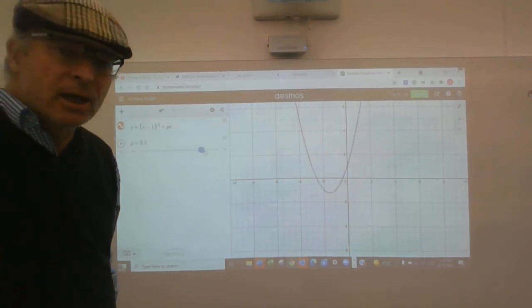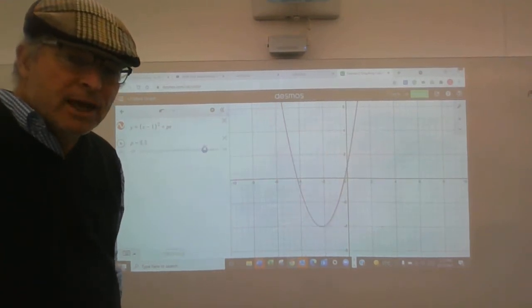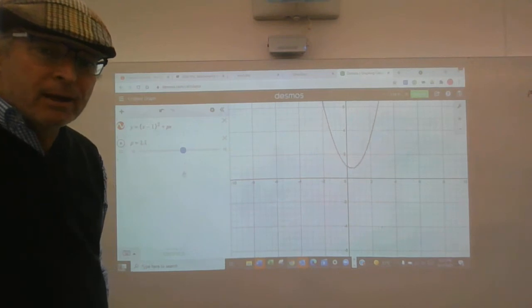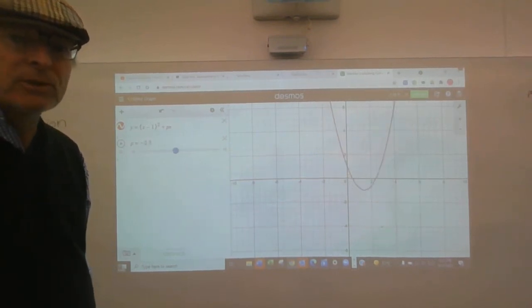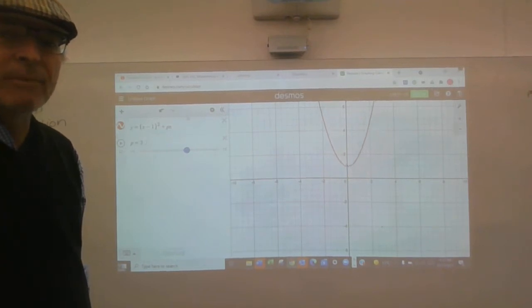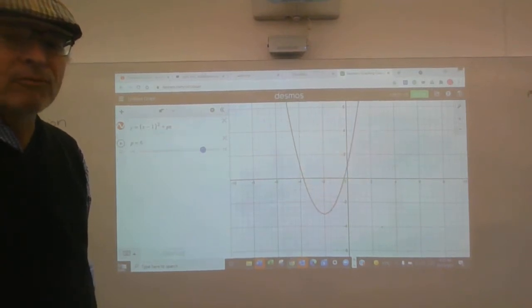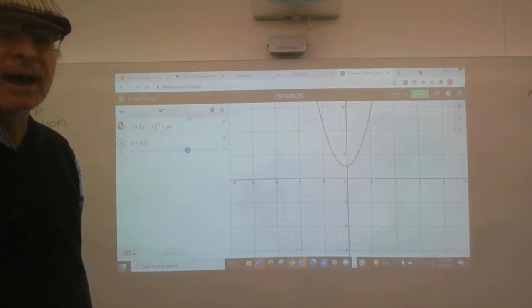But can you see that the parabola's vertex is moving in a parabola? The vertex of the red parabola moves in a parabola. And we can find its equation, and that's going to be part of what we're looking at today.